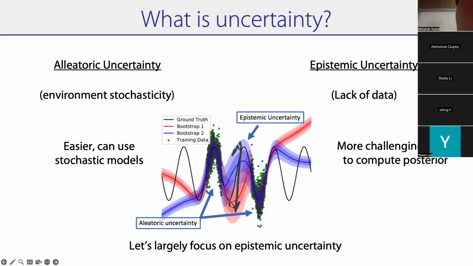If I can measure the distribution over functions that are consistent with the data, then at any new query point, I sample from my distribution of functions. I see how different their values are, and that tells me what the variance is going to be. But I need to get a distribution of functions that are consistent with the data.